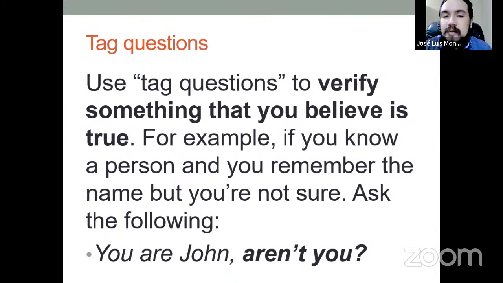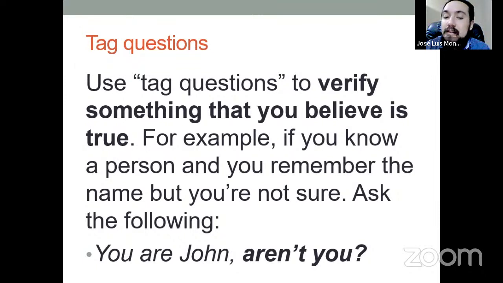Tag questions. We know that tag questions are short questions at the end of a statement that is used to verify or confirm something that we kind of know the answer to, or we perhaps are not that sure, but we want some response, a reply, to be sure that it is what we are thinking.